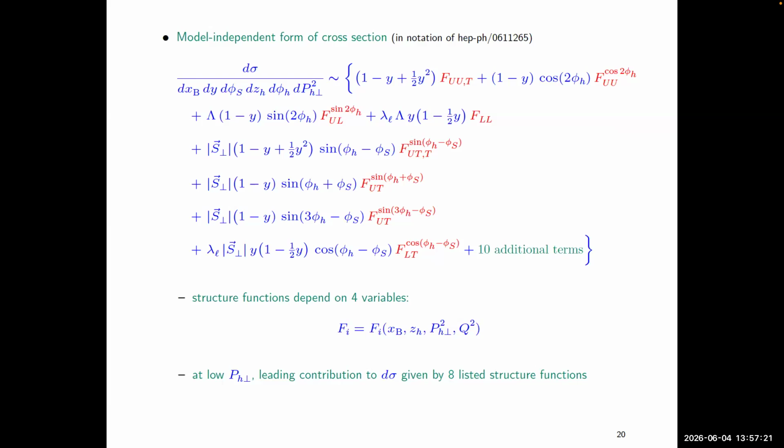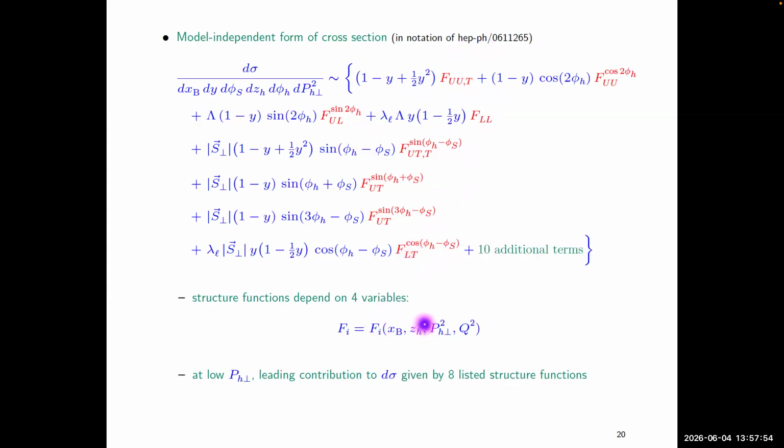So we look at semi-inclusive DIS, and we consider the following case. We consider unpolarized incoming leptons, but also longitudinally polarized ones, and on the target side, unpolarized, longitudinally polarized, and transversely polarized. And then in the one photon exchange approximation, you can actually decompose the cross-section, a model-independent result, in terms of a total of 18 structure functions. 8 of them have been spelled out here explicitly.